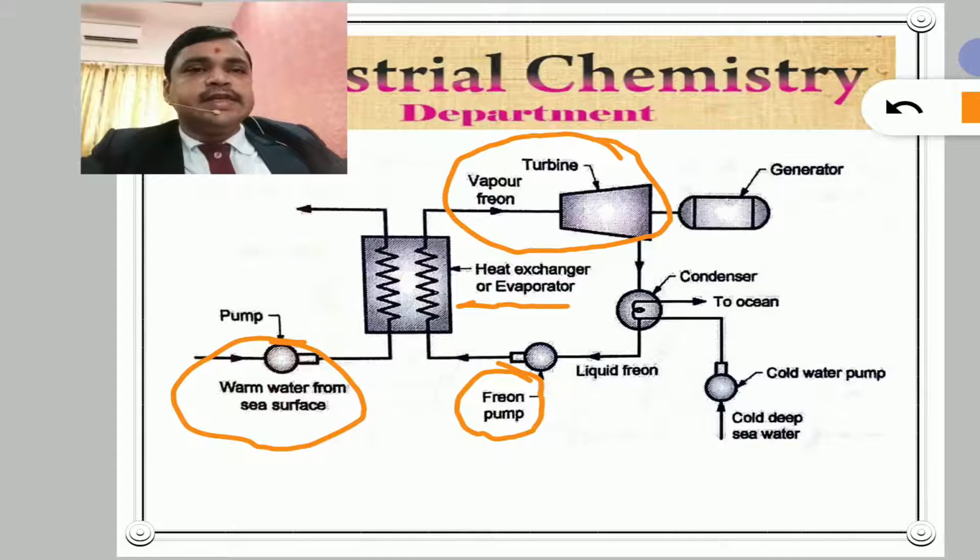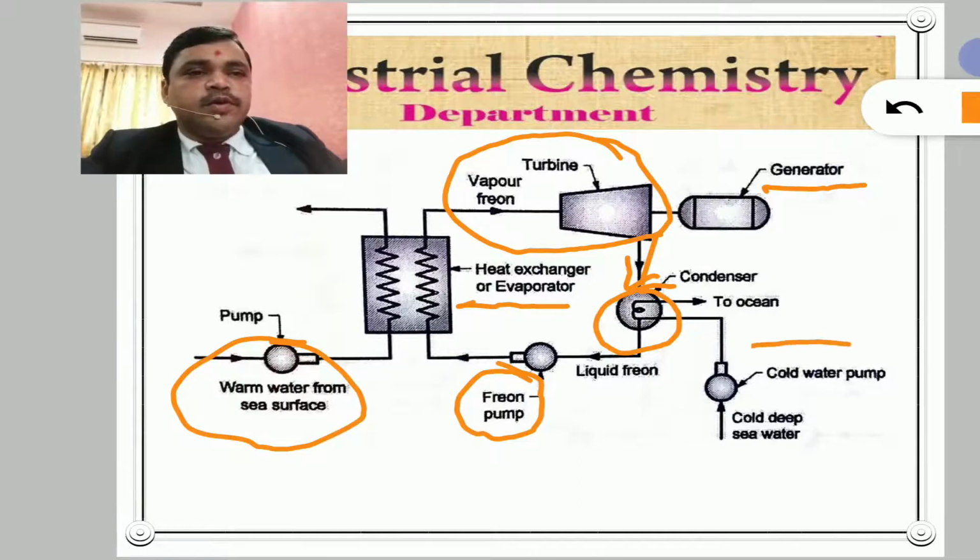This energy is converted into mechanical energy, and the rotor of the turbine produces mechanical energy, and this turbine is combined with an electric generator which produces electricity.